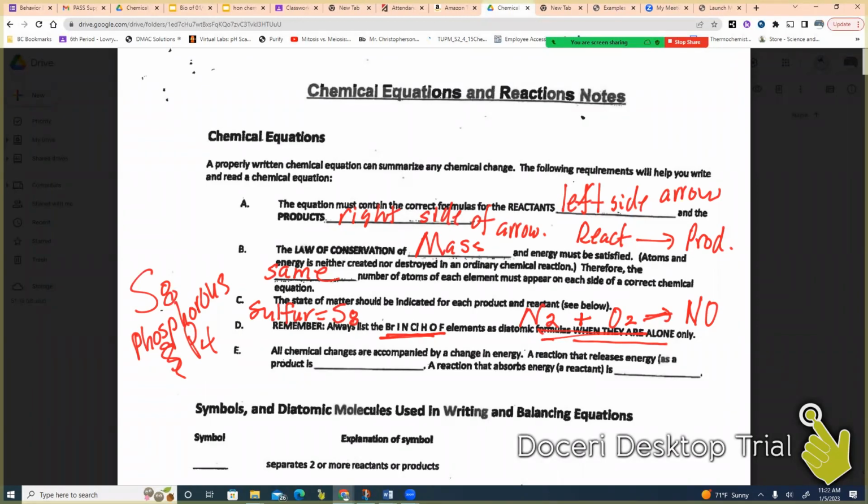All chemical changes are accompanied by some change in energy. That's called thermochemical reactions, which we cover more in another unit. So a reaction that releases energy would be exothermic. And then a reaction that absorbs or needs energy on the reactant side would be considered endothermic.